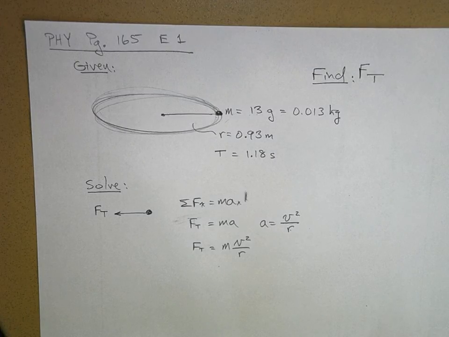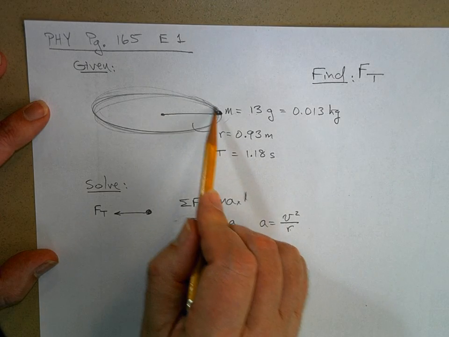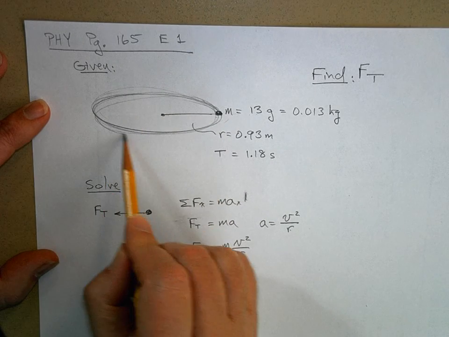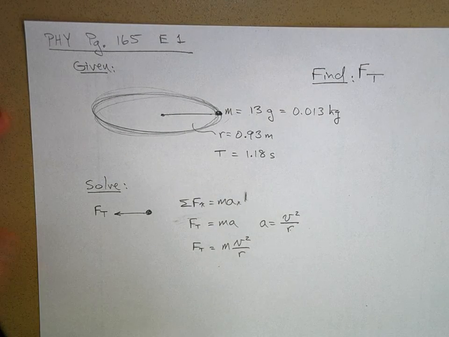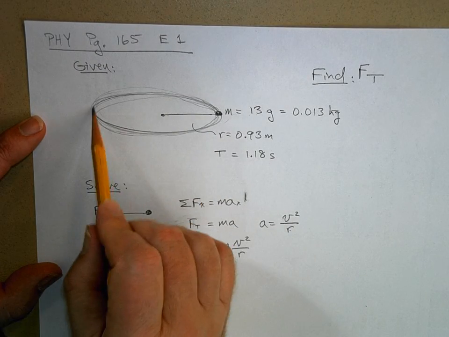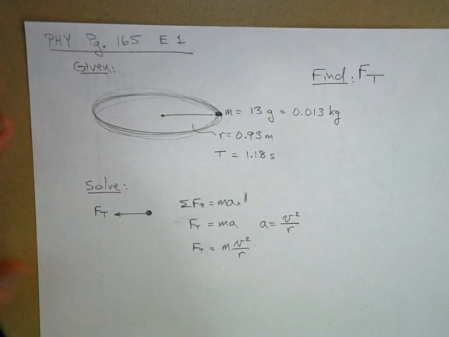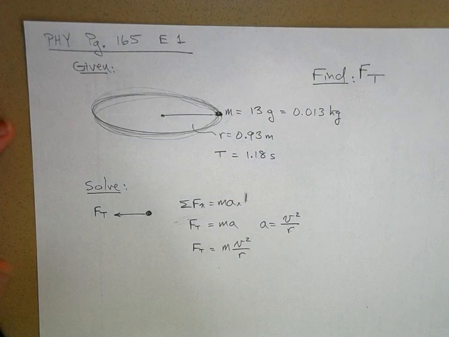I need another equation for the speed. Well, what distance does this thing travel in one period? What is the distance around a circle? Yeah, it's 2 pi r. It's the circumference of a circle.